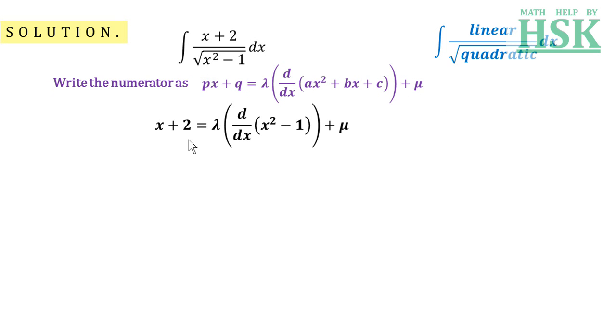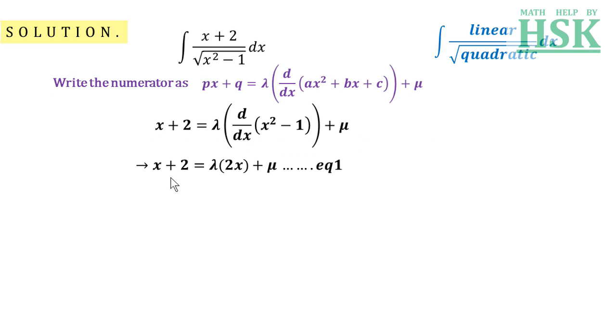So we are going to get, on substitution, x plus 2 instead of px plus q, and ax square plus bx plus c is substituted by the term inside the square root sign, that is x square minus 1. On differentiating, I am going to get x plus 2 is equal to lambda times 2x plus mu.